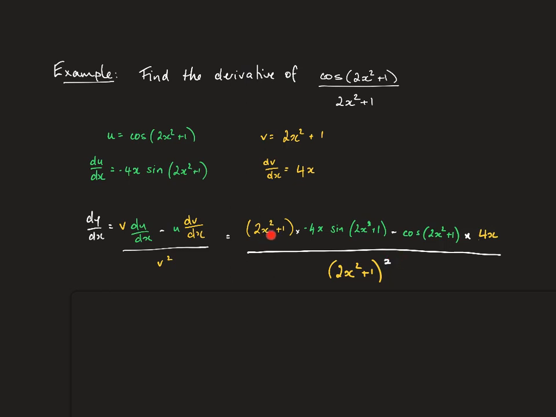Now you can see we've got 2x squareds all over the place, 2x squareds at the bottom. Be really, really careful here. You can't cancel out 2x squared when it's sine of 2x squared with a 2x squared on the bottom. Can't cancel that with that. Can't cancel that with that. Can't take this out as a common factor from any of these.